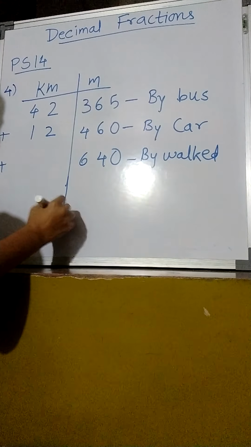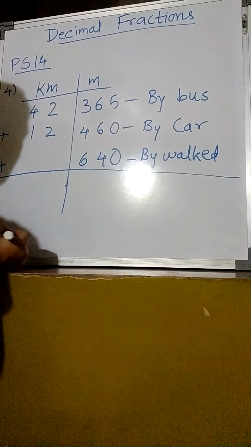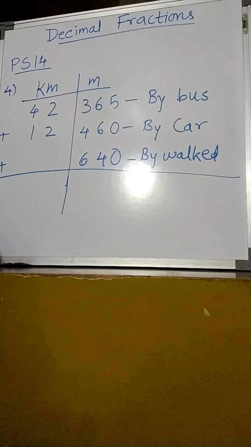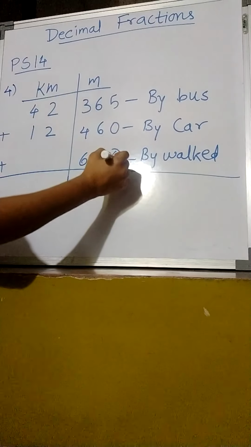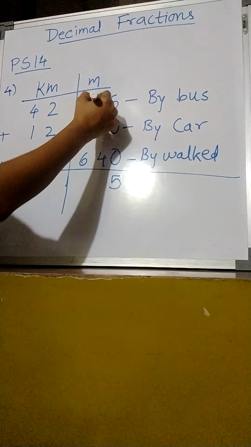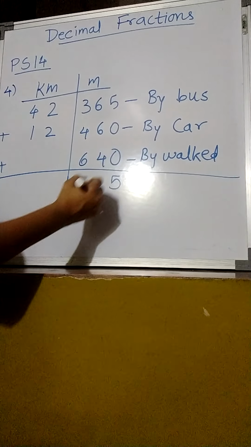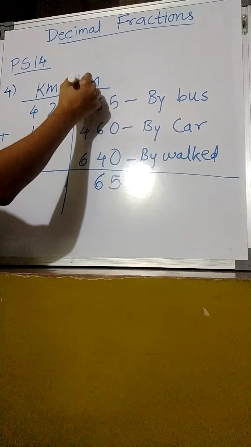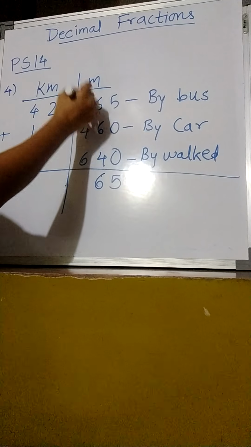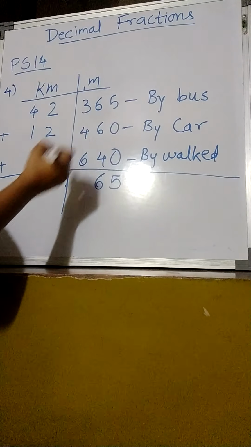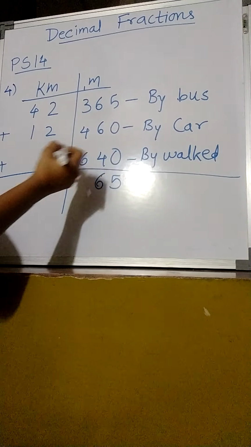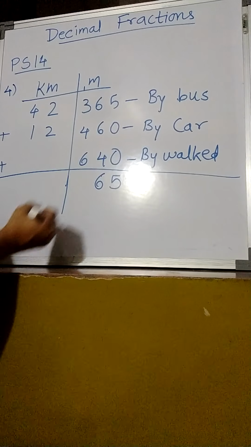Okay. Now as we understand that there is addition, do the addition. 5 plus 0 plus 0, 5. 6 plus 6, 4, 12. 12 plus 4, 16. Carry over 1. 3 plus 1, 4. 4 plus 4, 8. 8 plus 6, 14.